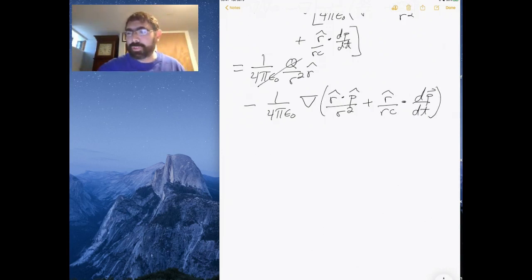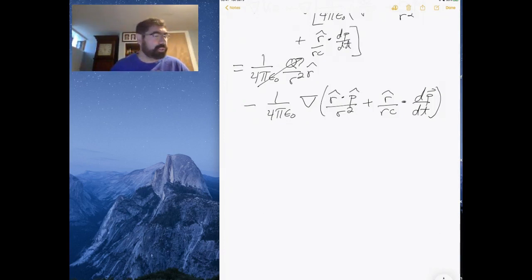I said we're going to ignore any 1 over r squared terms, so we're going to drop that one because of the 1 over r squared dependence.